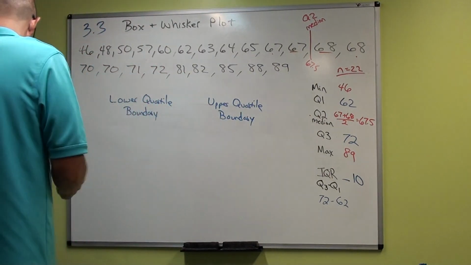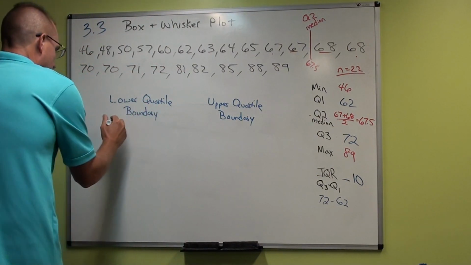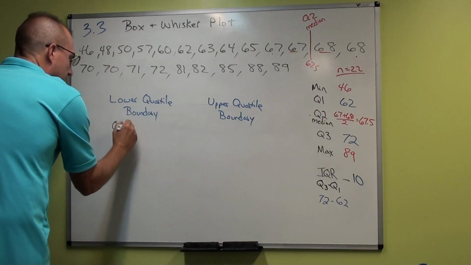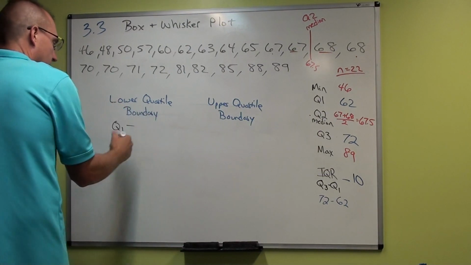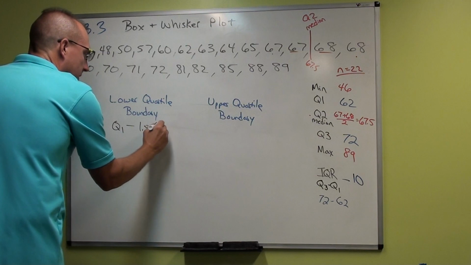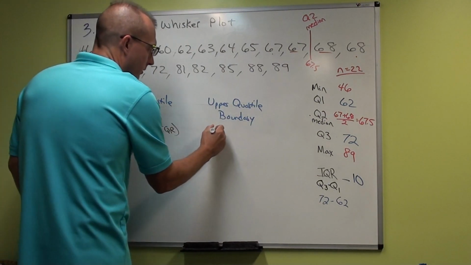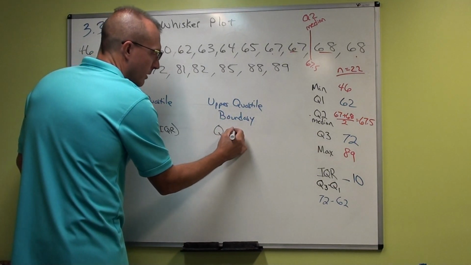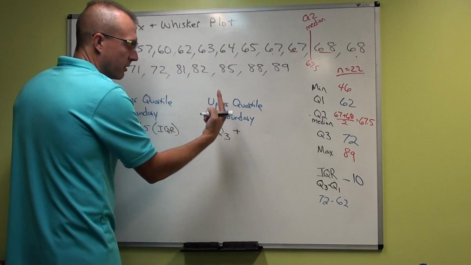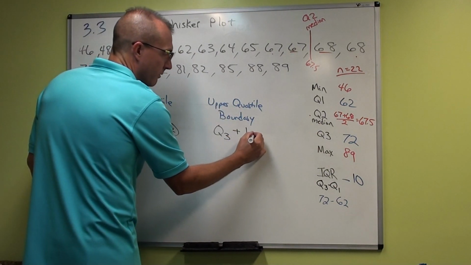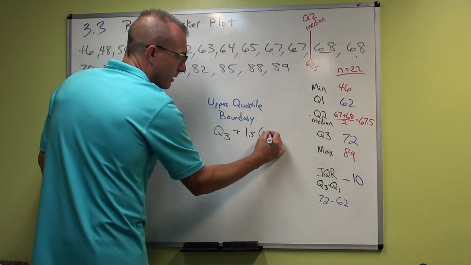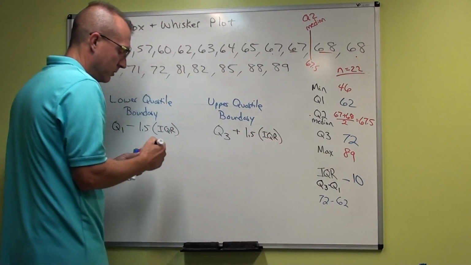Make sure you write the formula as much as you can. So this is Q1 minus, because it's going down, 1.5 times your interquartile range. Over here is Q3 plus, because it's upper, it's going to go up, 1.5 times my IQR, interquartile range.